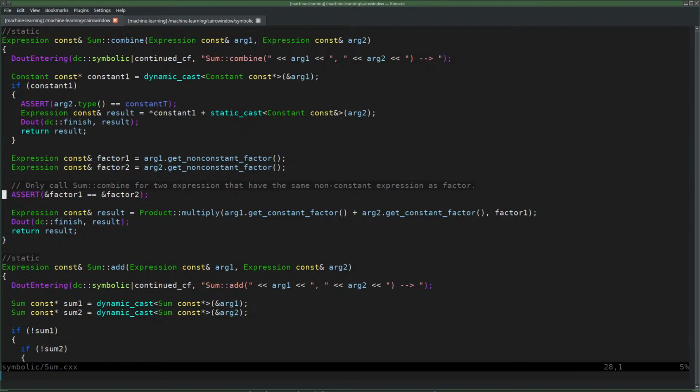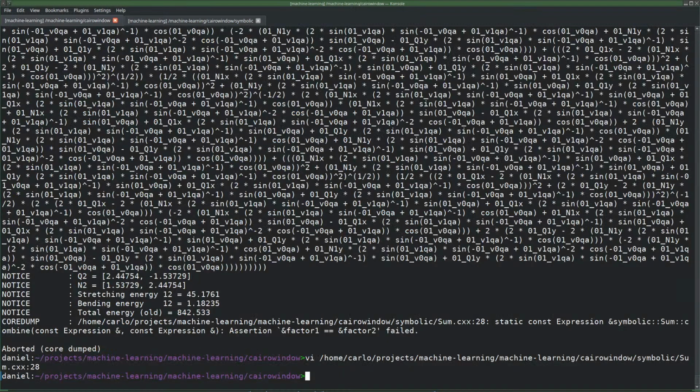Mm. What happens when printing the new total energy?